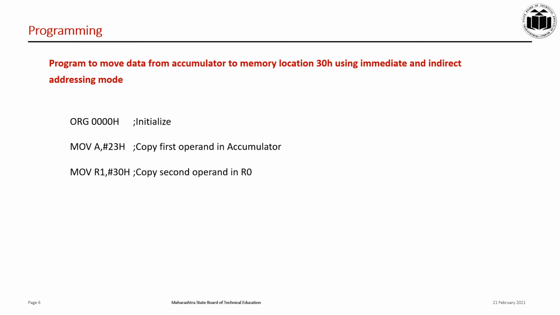Value 30H will be copied to register R1, which will be acting as a memory pointer. MOV @R1, A. Content of accumulator, that is 23H, will copy to the address, that is 30H, pointed by register R1. END. This end statement will end the program.